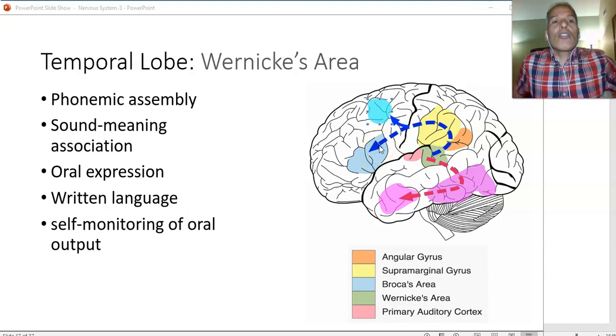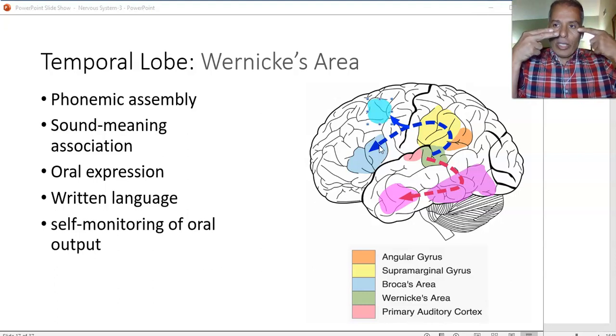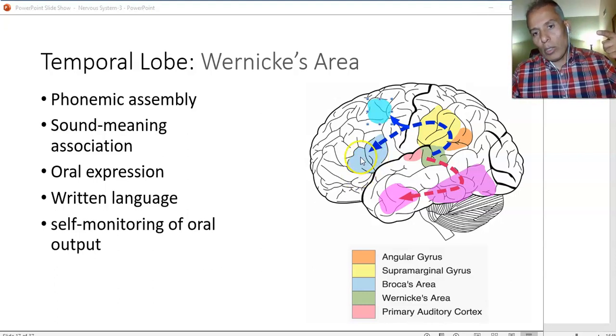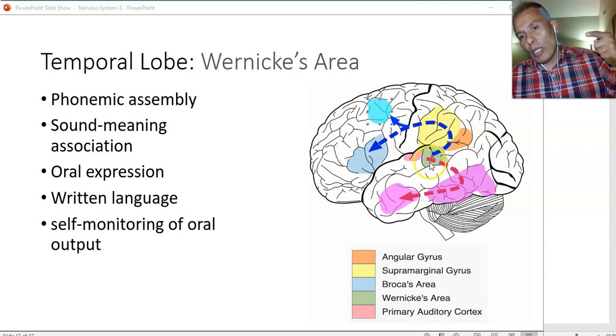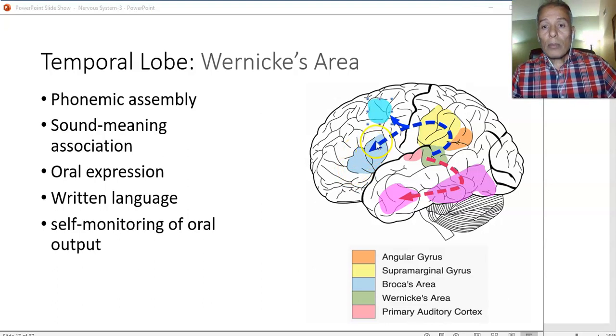And this is a major pathway that is a two-way street. It enables Broca's area to send information to Wernicke's, and it enables Wernicke's to send information to Broca's. So, in a sense, you could see the arcuate fasciculus connecting the temporal cortex with the parietal cortex with the frontal cortex. It's a major, major pathway.